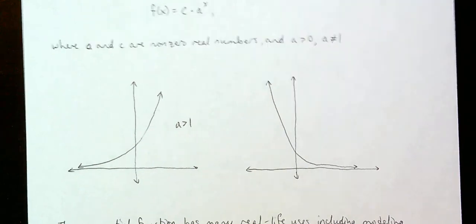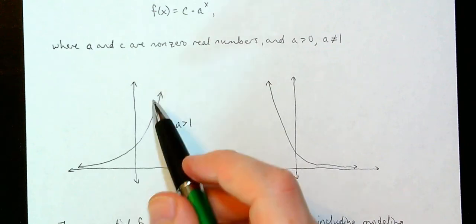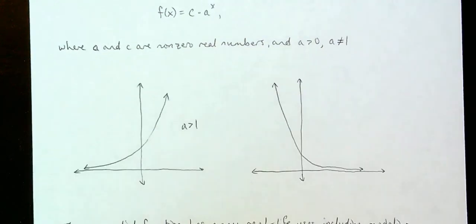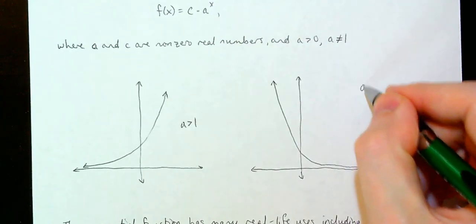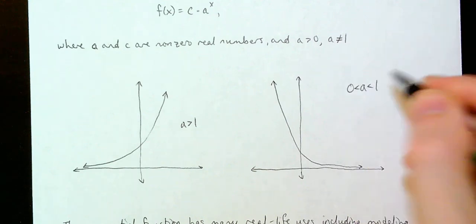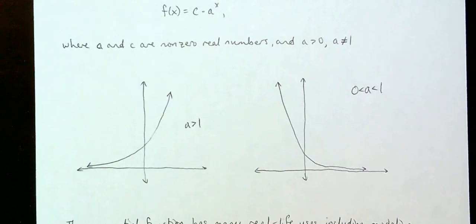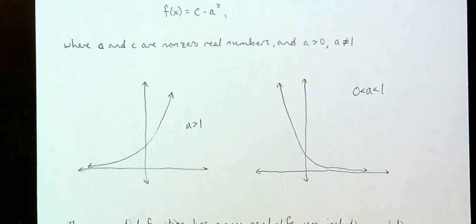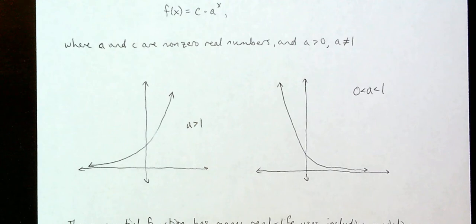And it's going to start to shoot up very, very fast. If a is between 0 and 1, then we're going to have our graph at the right here. This exponential function is going to start to come down very quickly, and then it is going to begin to flatten off or level off as we move farther and farther to the right.